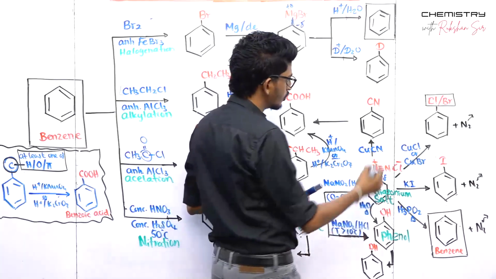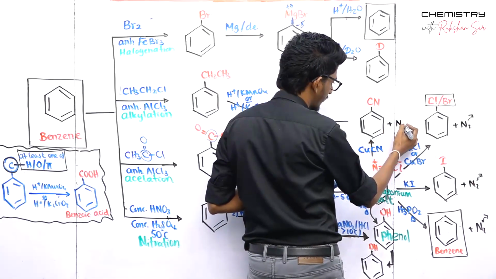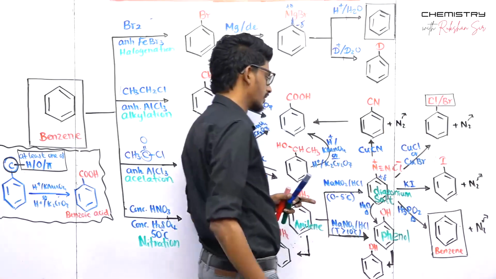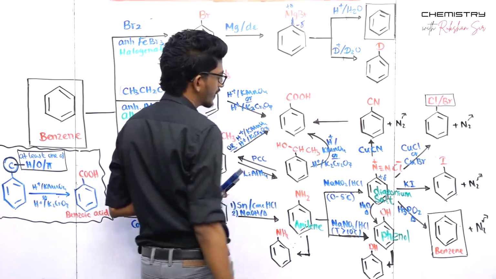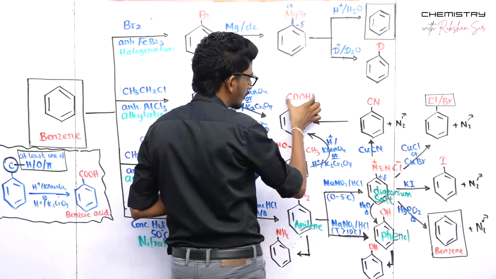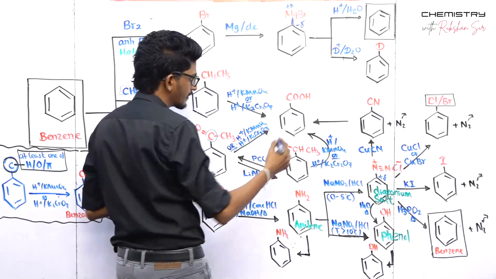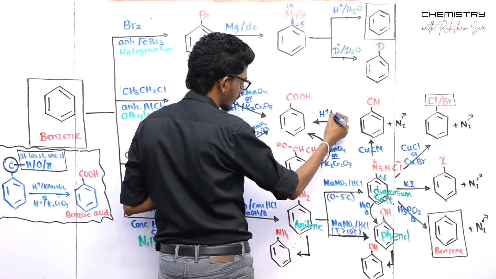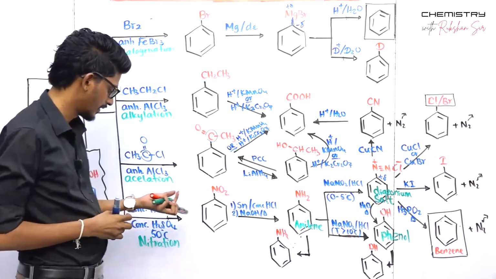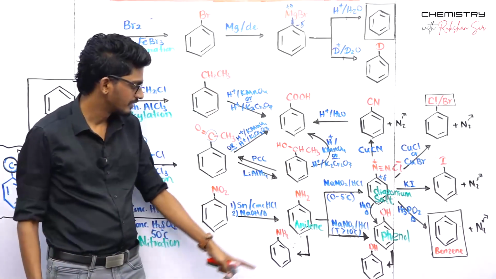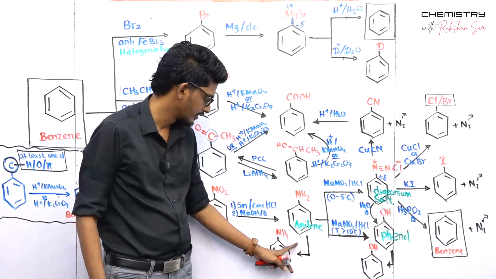So N2 gas will be released. Now this reaction is very straightforward. Converting a CN to C double bond OH is very straightforward. Just adding H plus, acidic water, will convert your CN to C double bond OH. That is clear, and we'll discuss this as well.